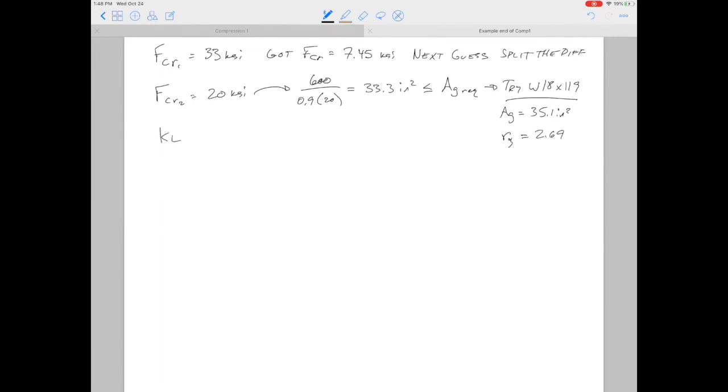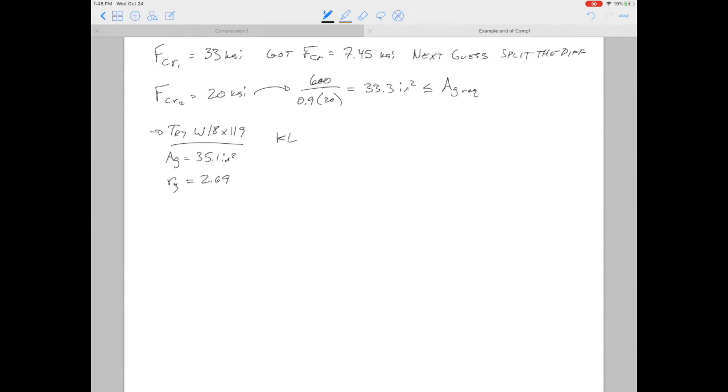I have KL. I'm going to scoot this over and try to use the same format. So I know that KL over RY is equal to 26 feet times 12 over 2.69. And that gives me a ratio of 116, which is less than 200.